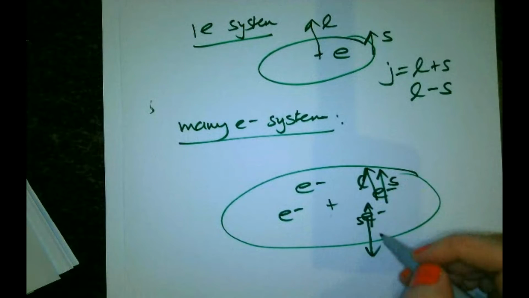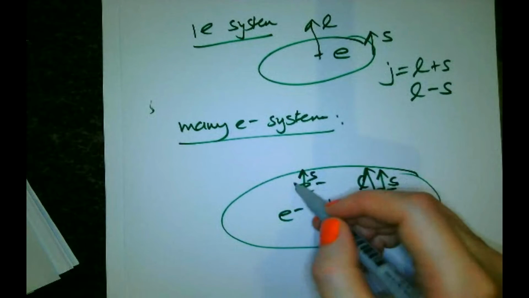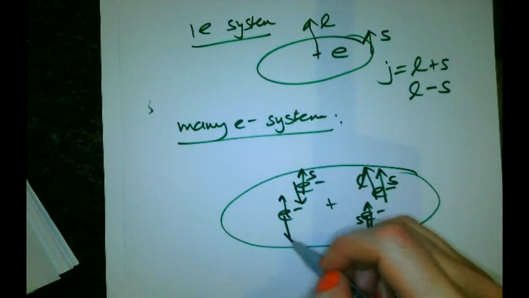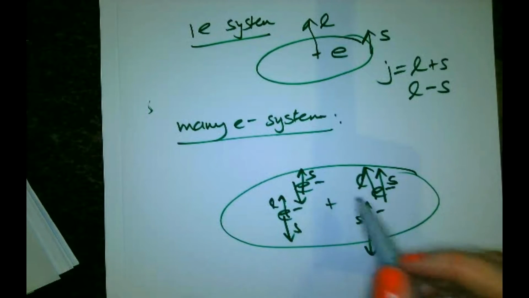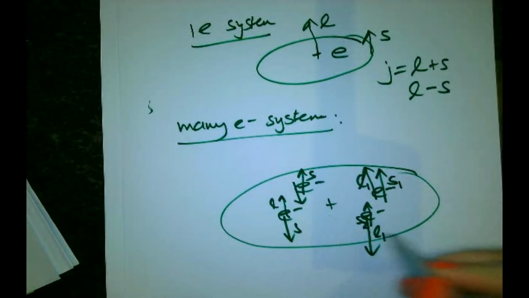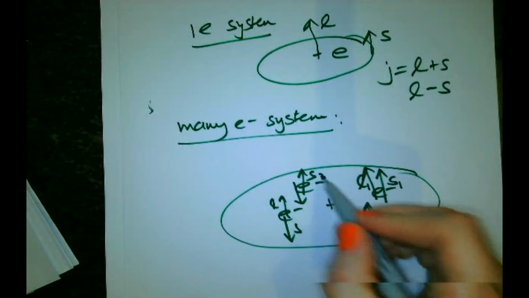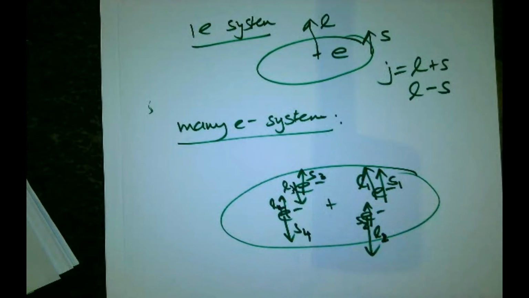That one has a spin and maybe it has an orbital angular momentum in a different direction. Same for that one and same for that one. Now let's number these to make sure that we don't confuse them. That's electron 1, electron 2, electron 3, and electron 4.